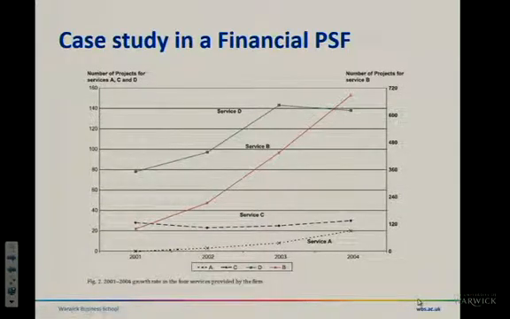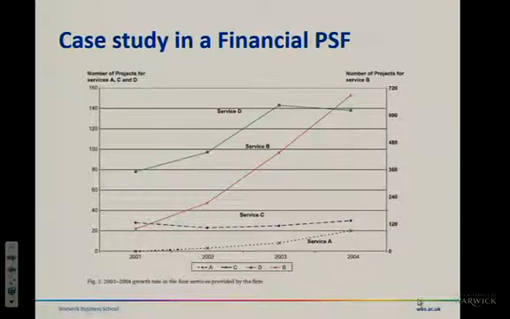Based on this idea, I worked for a financial professional service firm where I had the opportunity to look at 4 different services. I cannot disclose the identity of this firm, but they have these 4 different rating services. And you can see the performance of these services over time.